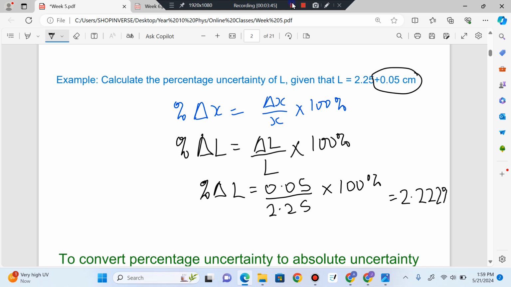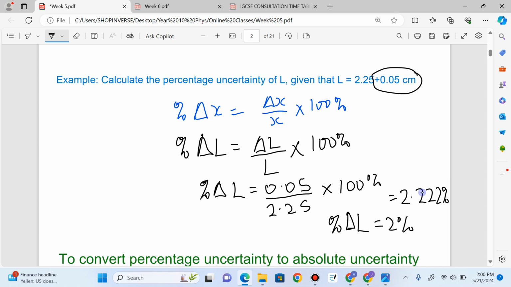2.2222 expressed in percentage. So we have to consider the number of significant values in everything we are working with. Since the absolute uncertainty is expressed to one significant value, we can express the percentage uncertainty to one significant value too, so percentage uncertainty in L equals 2%. What does that tell you?